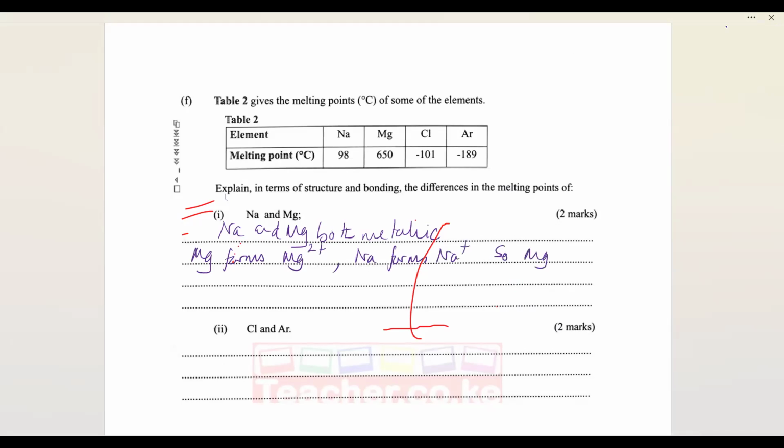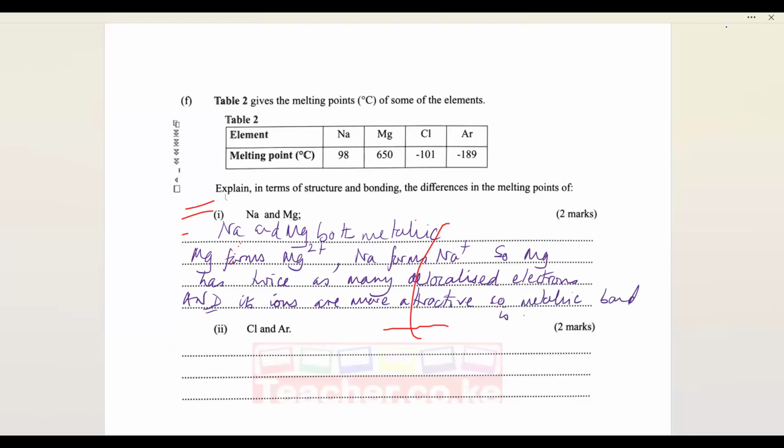So Mg has twice as many delocalized electrons and its ions are more attractive. So the metallic bond is stronger.